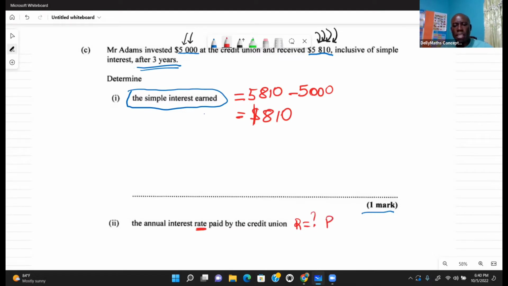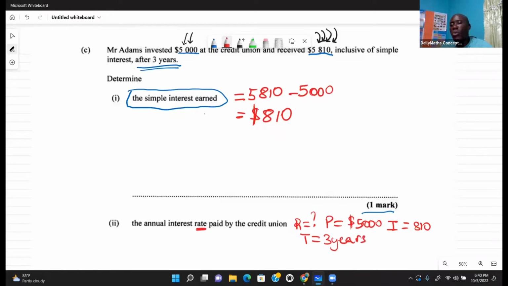We know that P is the money that you will start with. It's 5,000. You just got I, which is your interest, which was 810. I want you to understand how CXC set the questions so that you have to be thinking. And then you got T from the original, which was 3 years.